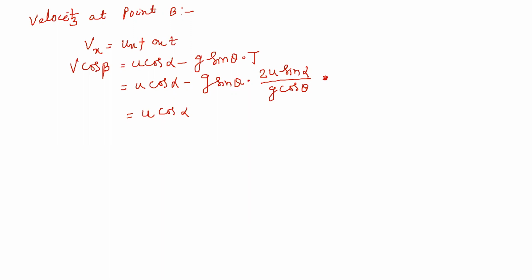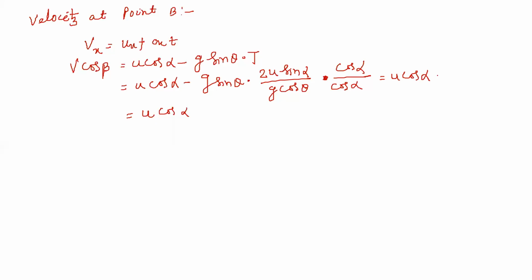I can multiply a cos alpha in the numerator and a cos alpha in the denominator. Yes or no? So 2 sin alpha into cos alpha. Sin theta by cos theta is tan theta, students.